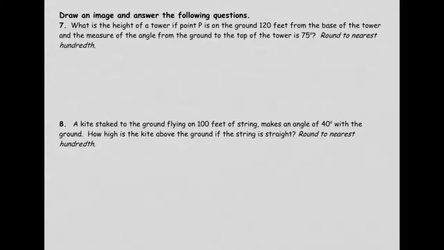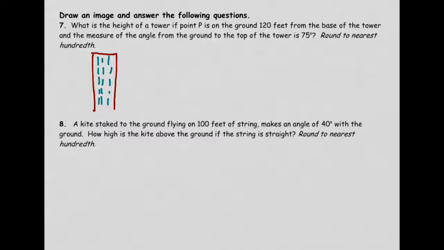What is the height of a tower if point P is on the ground? Alright, so first of all, let's draw this tower. Okay, there's my tower. Got little lights on in the tower there. Alright. What is the height of the tower?